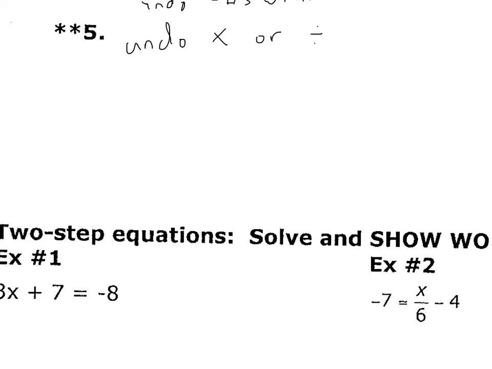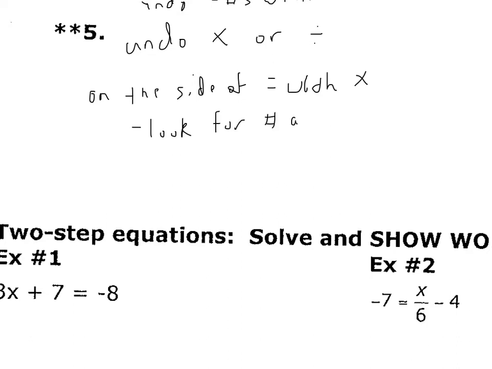With step 5, on the side of the equation with x, look for the number that's attached to x.